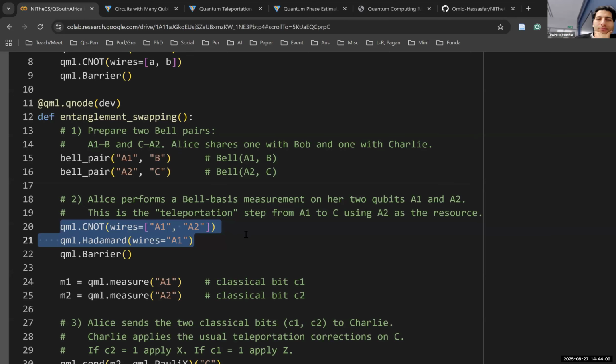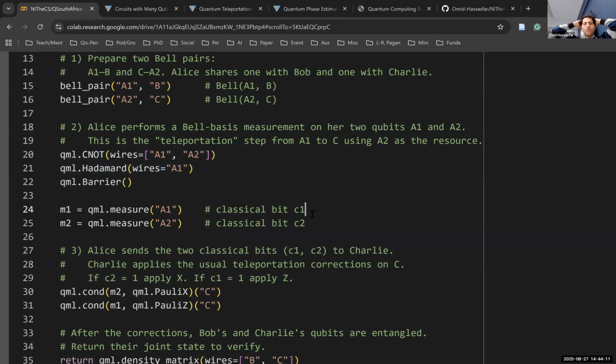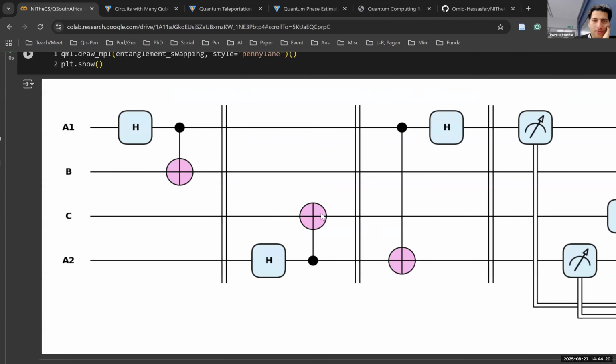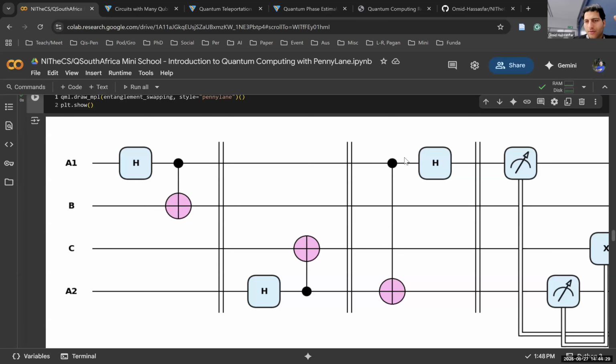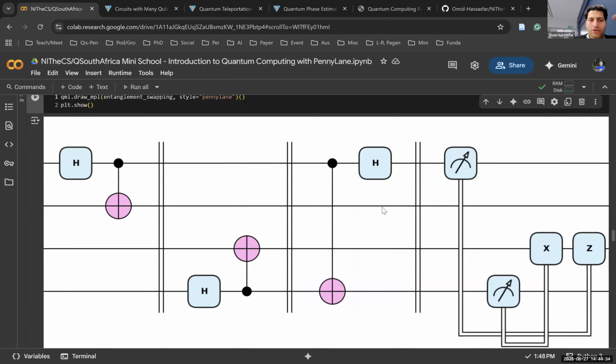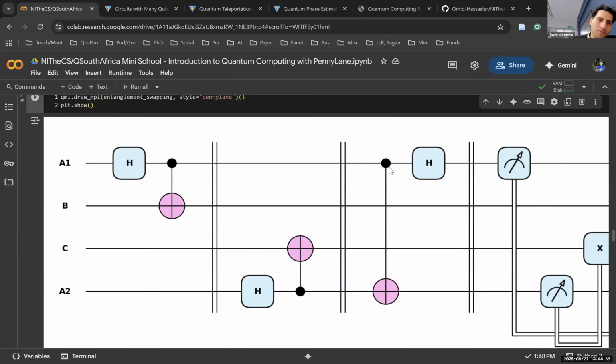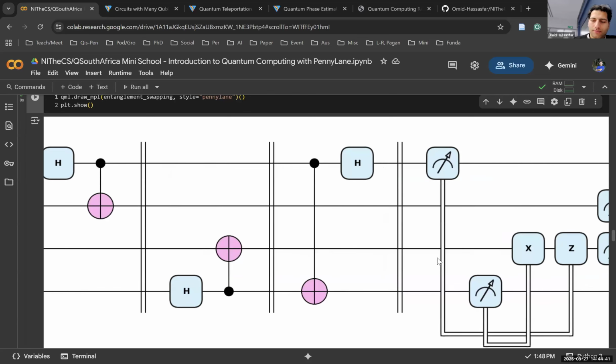Again, similar to quantum teleportation. Let me show you here. There is entanglement between Alice and Bob, entanglement between Alice and Charlie, and this only happened on Alice's side. So nothing between Bob and Charlie. It involves only Alice qubit 1 and Alice qubit 2, and then Alice starts to measure her qubits.